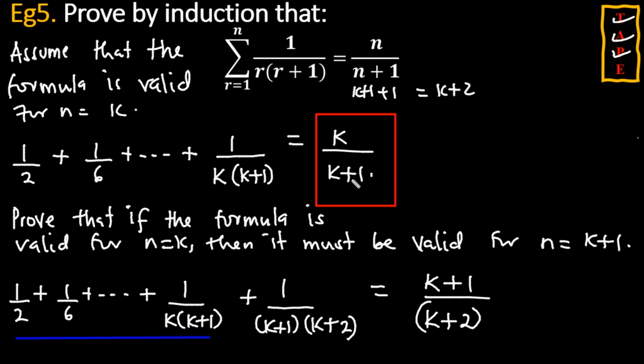So where there is 1/2 plus 1/6 plus dot dot dot plus 1 out of k into k plus 1, I'm going to substitute it with k out of k plus 1, then plus 1 out of k plus 1 into k plus 2. This is equal to the right hand side.